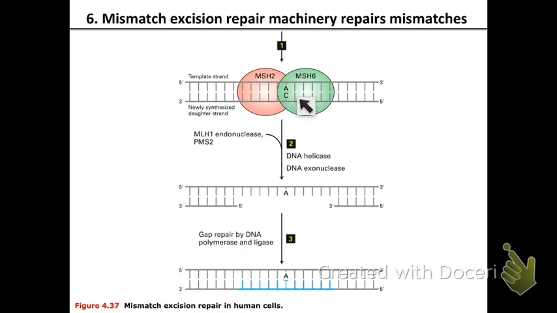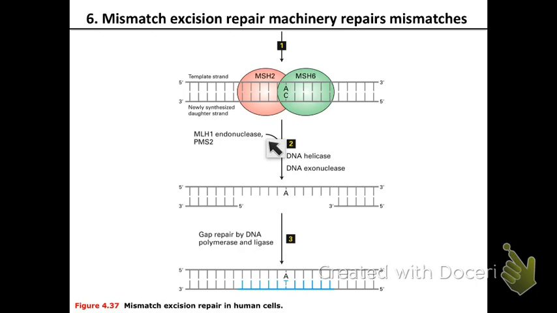And these proteins, because they ride along with the replication machinery, have evolved strategies to recognize which strand is the newly synthesized strand versus which one is the template strand. Okay? So these proteins, when they bind, they know that this C is the incorrect base.